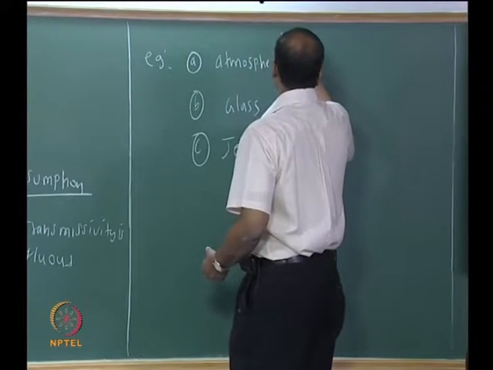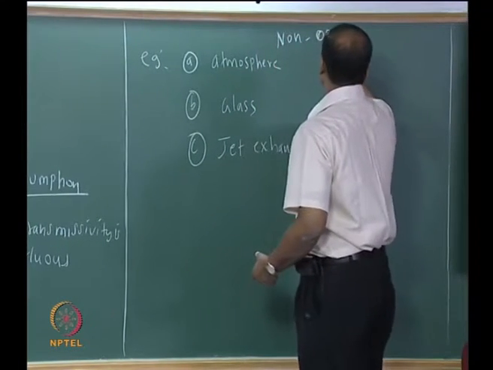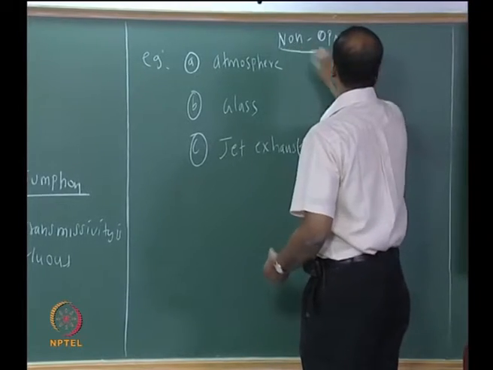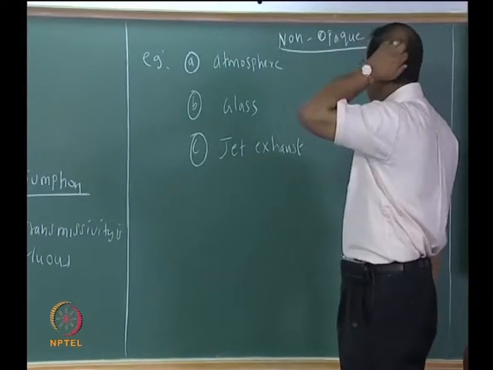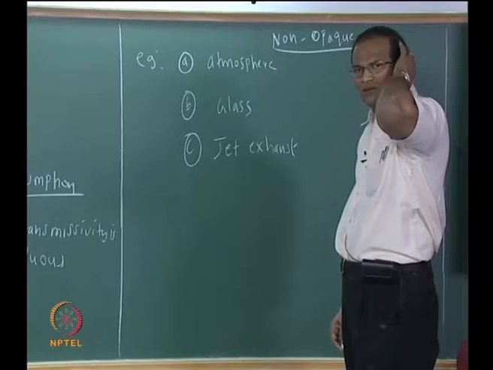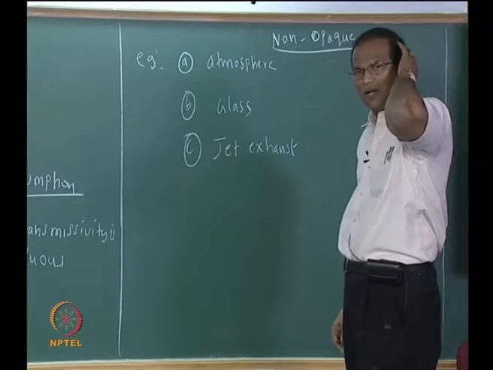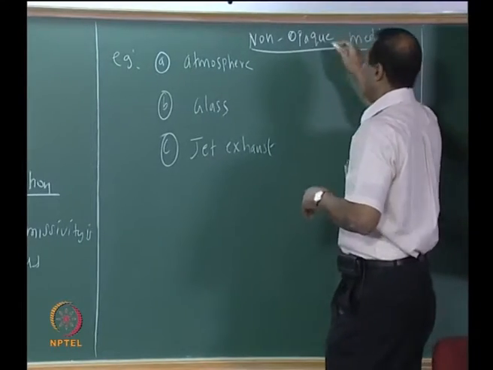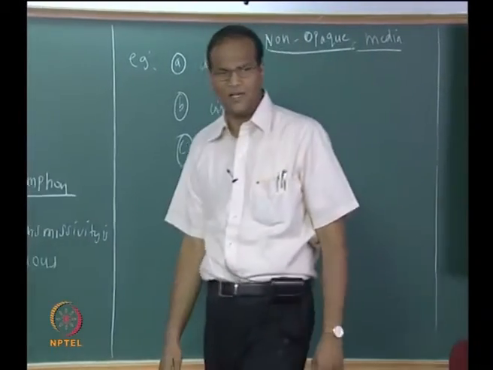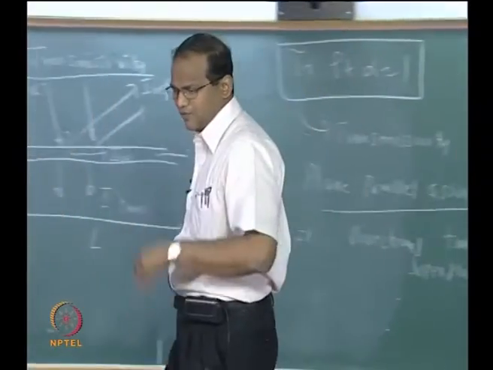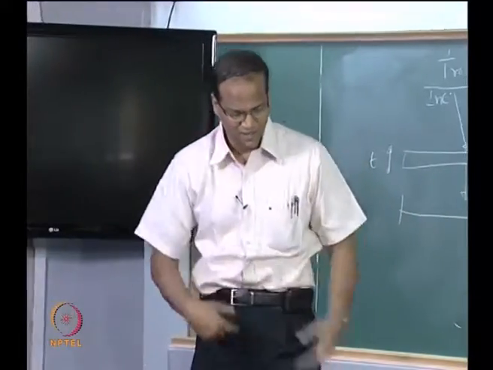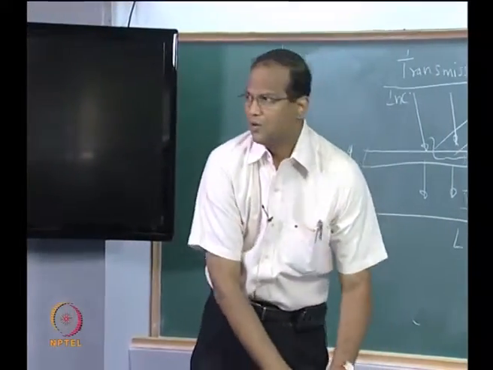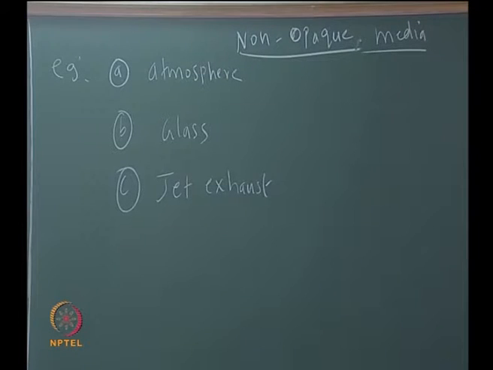Non-opaque what? Media, correct. We can't say surface. Non-opaque media, some examples: atmosphere, lens, filter, this thing. So the concept of a directional transmissivity becomes redundant. So we have to define spectral and total and then be done with it, okay.